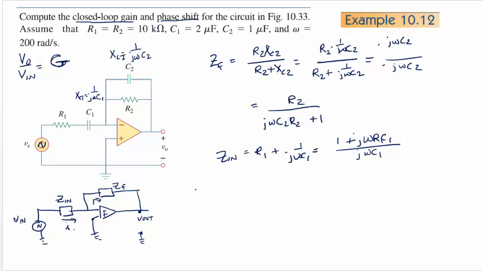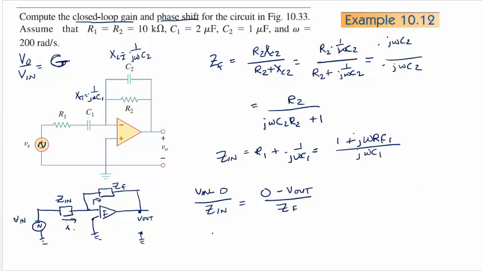So I have V in minus 0 over Z in equals 0 minus V out over Z feedback. So then I want V out over V in.